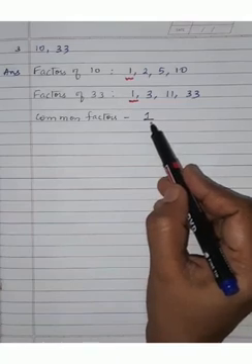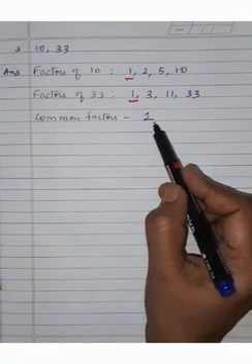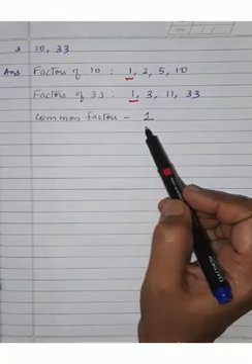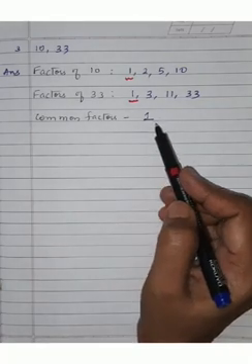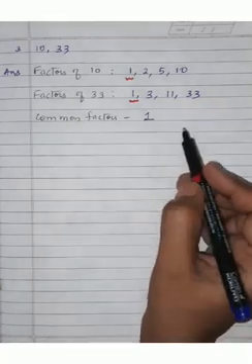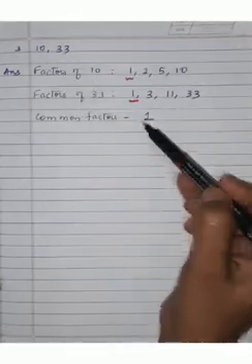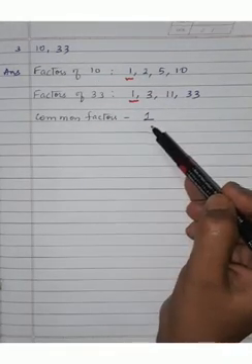So this is satisfying the condition, children. The numbers which have only 1 as the common factor are said to be co-prime numbers. Here 10 and 33 have only 1 as the common factor.